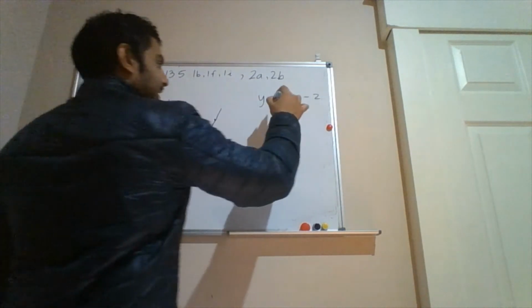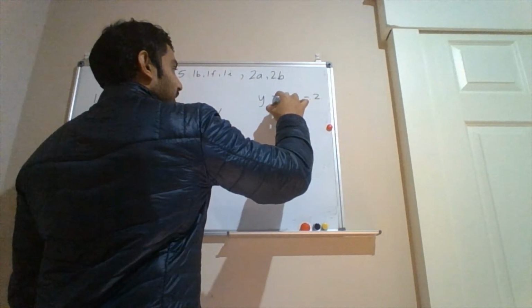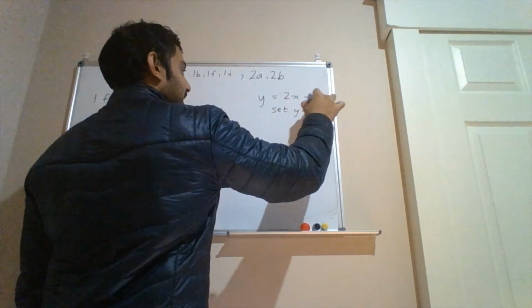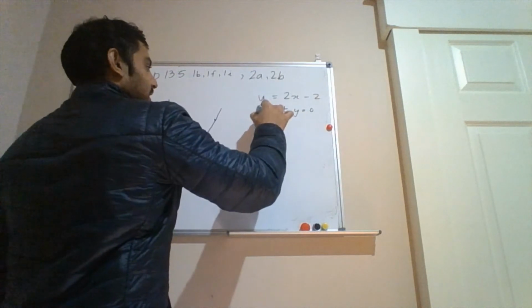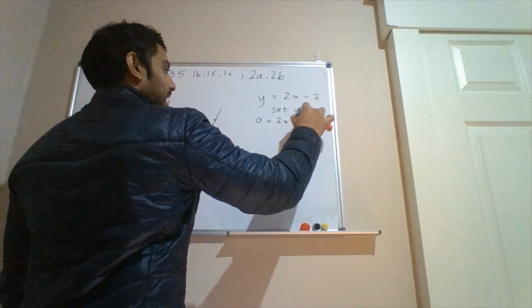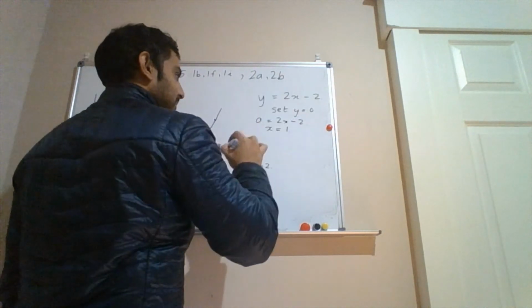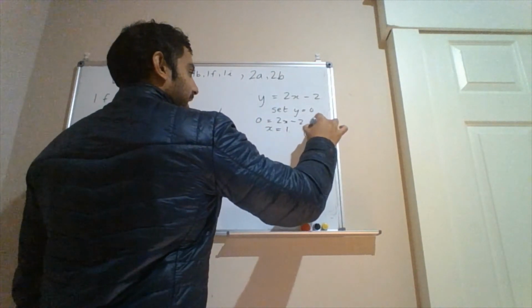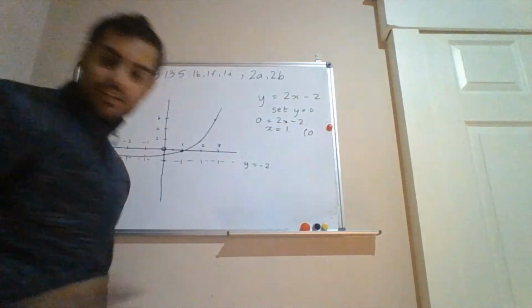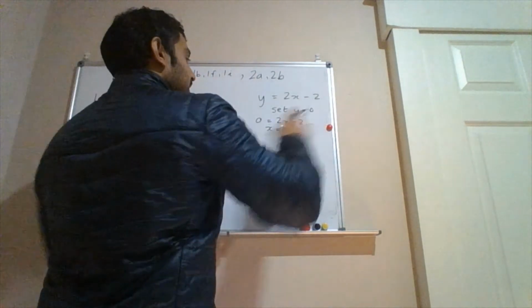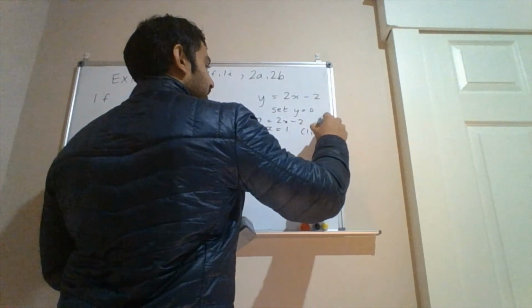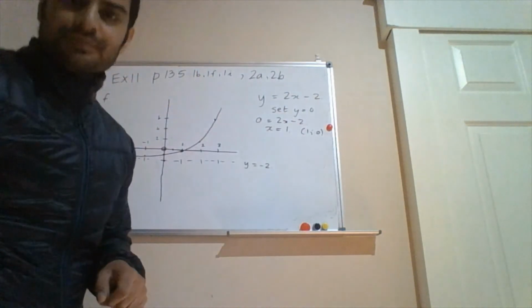Let's work out the x-intercept. So once again, we're going to set y equals to 0. So our equation is 0 equals 2x minus 2. And if we solve this, we get x must be 1. So our x-intercept is an x value of 1 and a y value of 0.